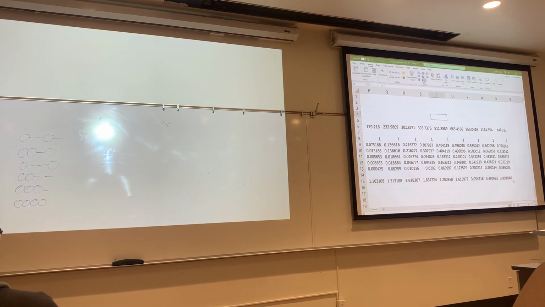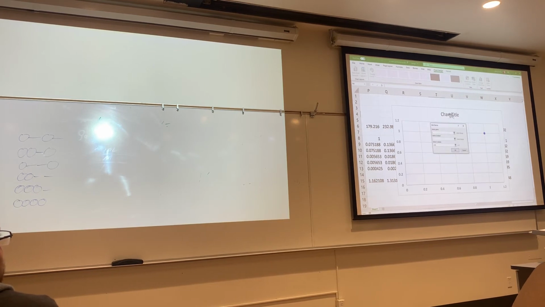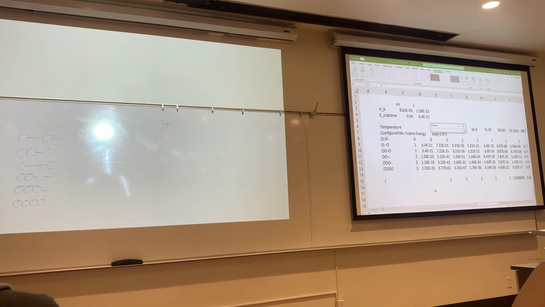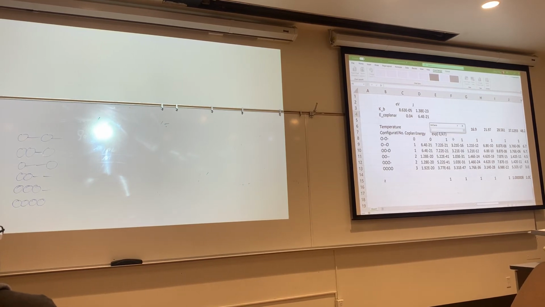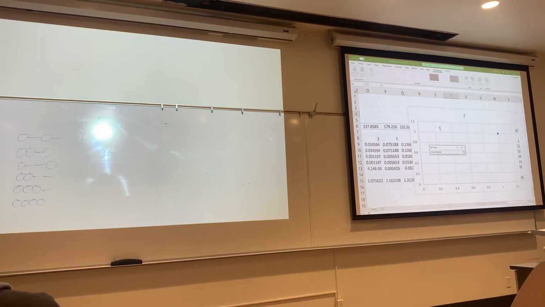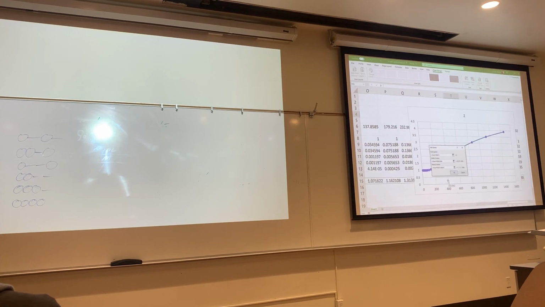So let's insert a graph, and maybe points, and for that graph we select the data and we put a new column in here, and the name of that column is that we are interested in the canonical partition function, and the x values here are the temperature values, and the y values for this one here are the canonical partition function.